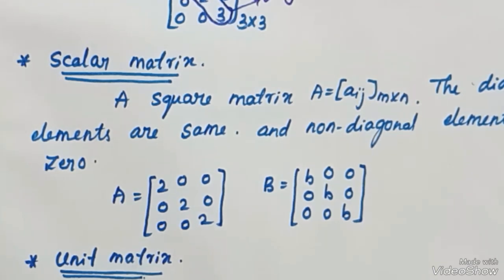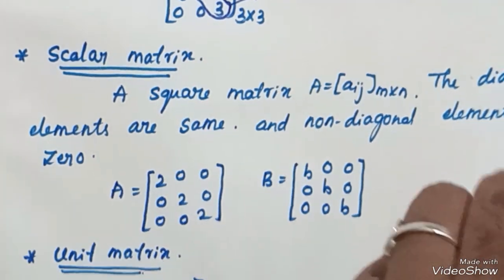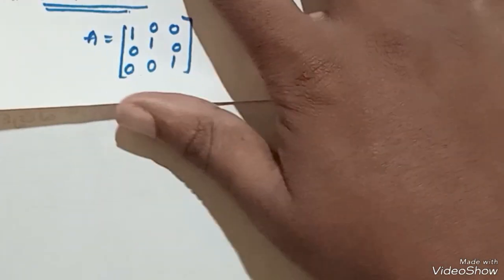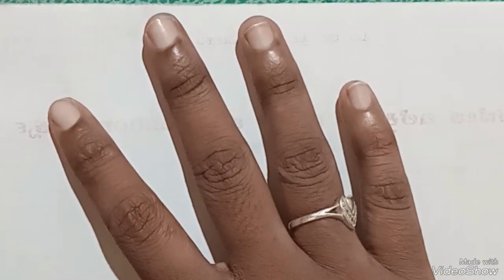Next, the last one, that is the 0 matrix. A 0 matrix means all the entries should be 0. If all entries are 0, then it is called the 0 matrix.